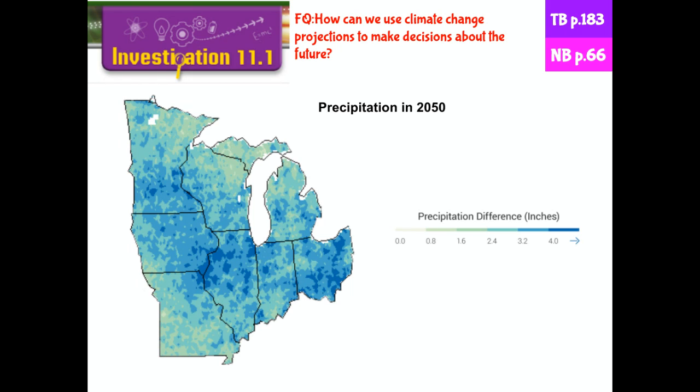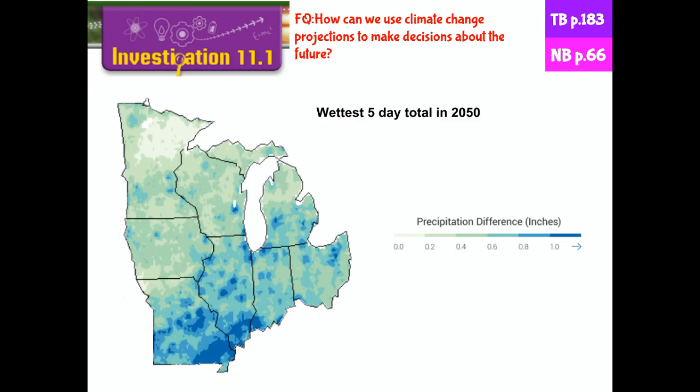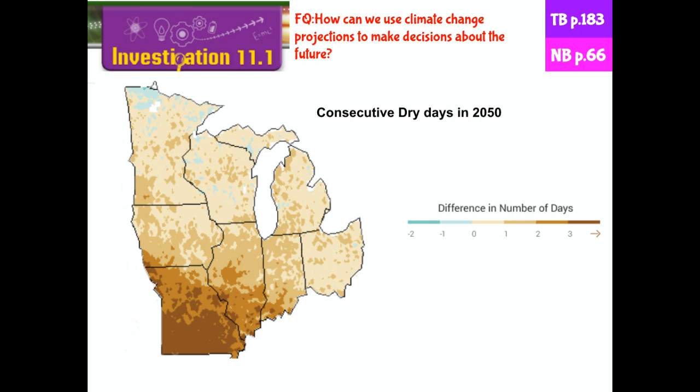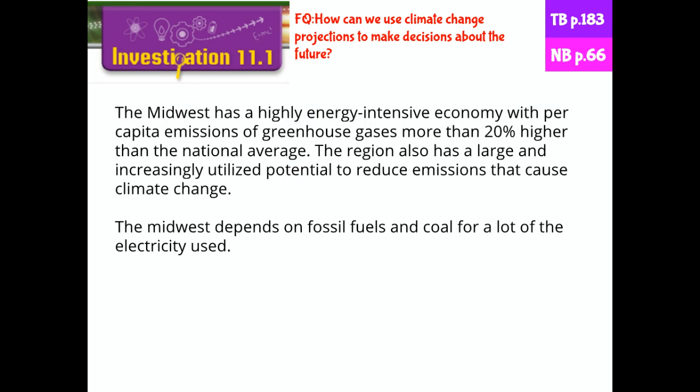More precipitation. Heavy precipitation, they're talking about more days, and then having wetter days, so having more inches of rain on a given day. Having more consecutive dry days. And then having fewer days of ice covering the Great Lakes.